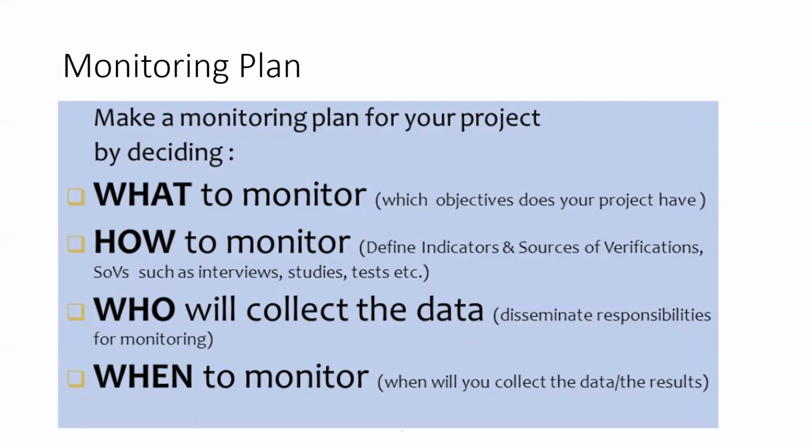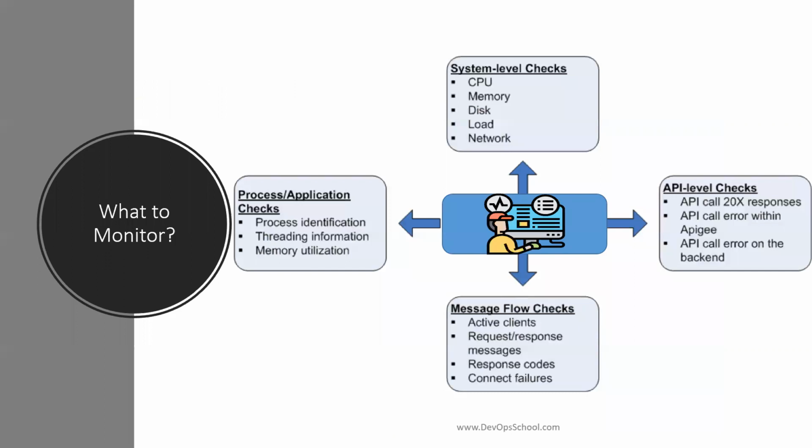So you decide on servers, applications, infrastructure, network, runtime logs, and how to monitor. Also, we define who will collect the data, meaning agents and all, and then when to monitor. This is a continuation of what to monitor. We monitor process and application checks, system level checks, message flow checks, API level checks.